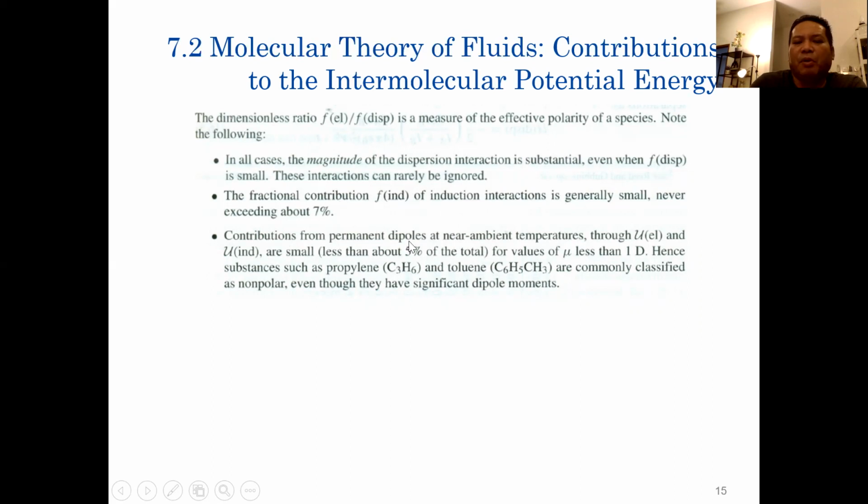The contribution of permanent dipoles at near ambient temperature to the total is small, less than 5% for dipole moments of less than 1 D. Therefore, substances such as propylene and toluene are commonly classified as nonpolar, even though they have significant dipole moments.